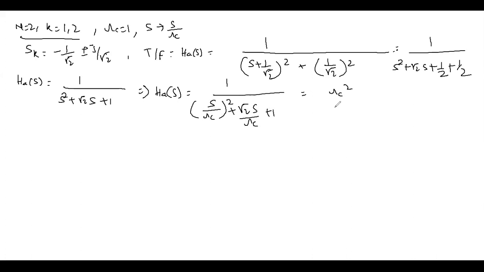We get omega c square divided by s square plus root 2 omega c s plus omega c square. Okay, clear to all of you? Yes or not? Yes, sir.